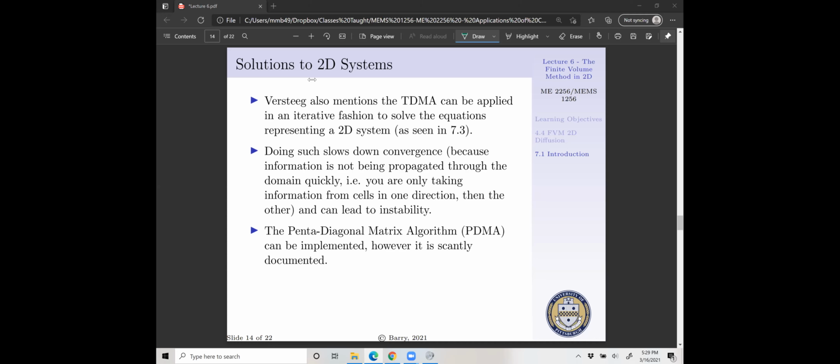So if your research goes down this avenue and you're building your own in-house codes that you're going to use repeatedly, PDMA might be something to look into. And once we move to 3D, you're going to have a septadiagonal matrix because we're adding our front and back terms. And then you could have an SDMA algorithm as well. But PDMA is the only thing I've seen in literature.